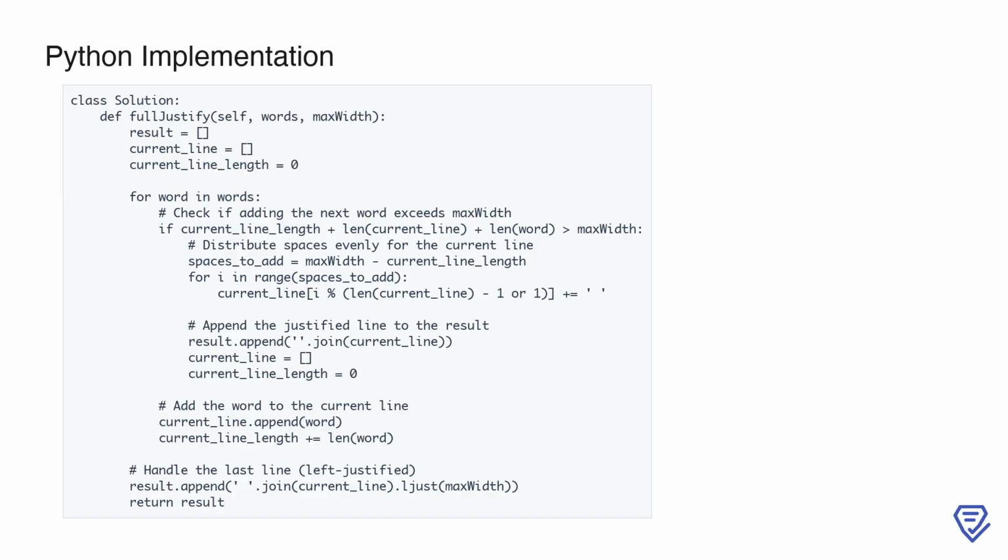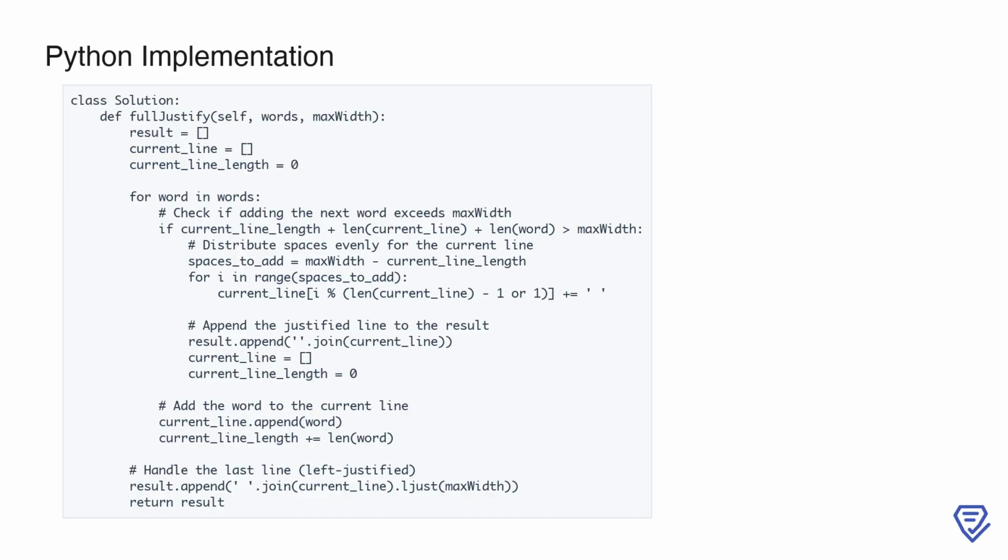The algorithm iterates through the words, checking if adding the next word would exceed the maximum width. If so, it justifies the current line by calculating the number of spaces needed and distributing them evenly between the words. If there is only one word in the line, the spaces are added at the end. The justified line is then added to the result, and new variables are reset for the next line.